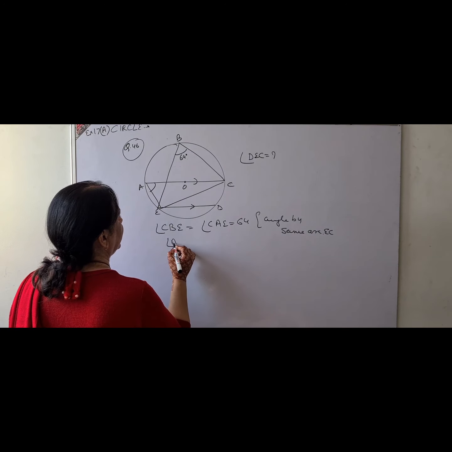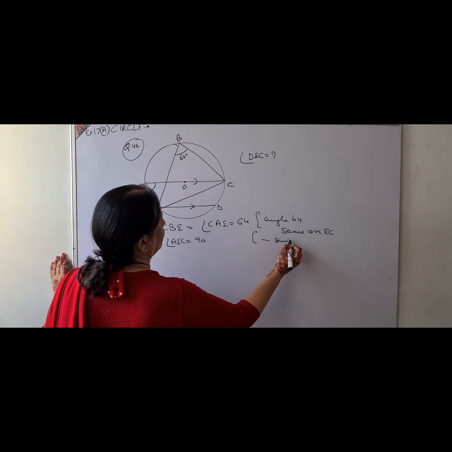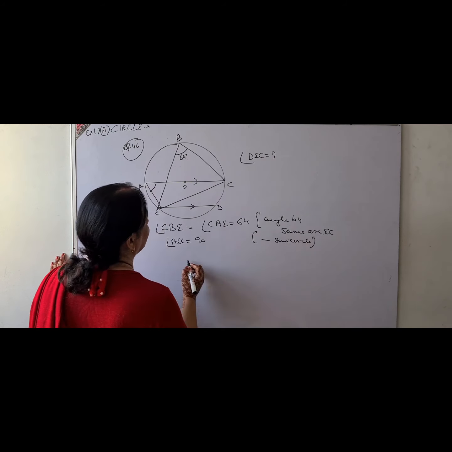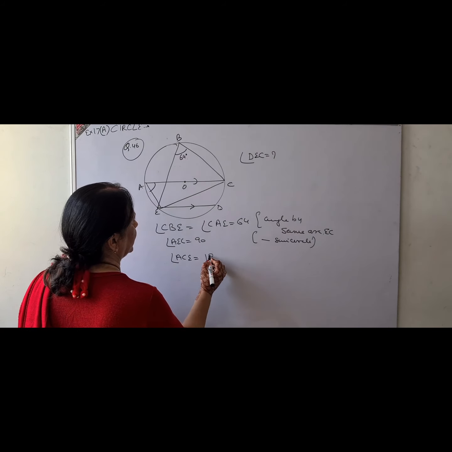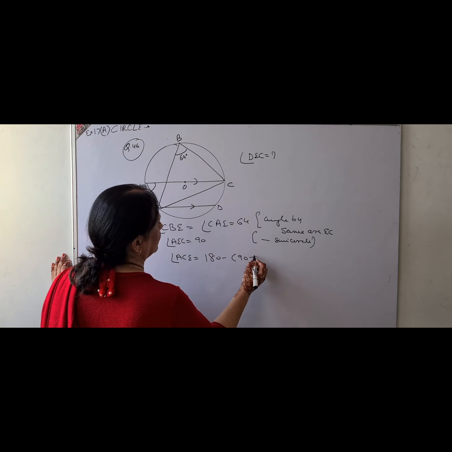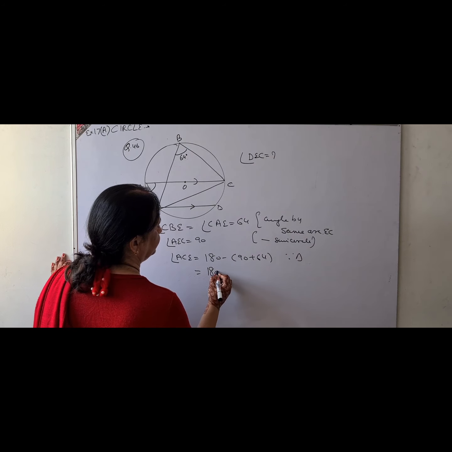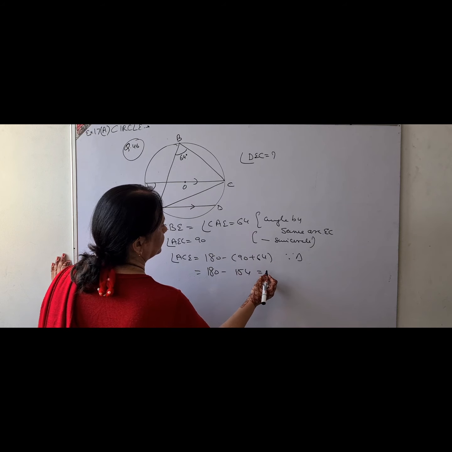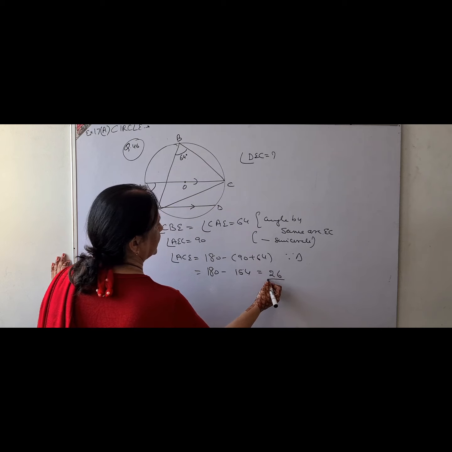And angle AEC is 90. Again, angle in a semicircle. Please mention the results nicely. So angle ACE is equal to 180 minus 90 plus 64, because triangle. So 26.